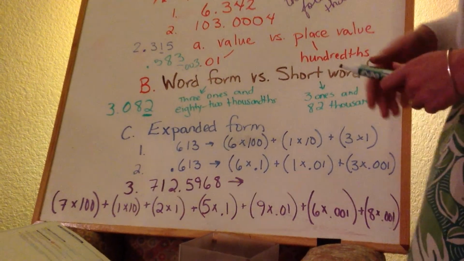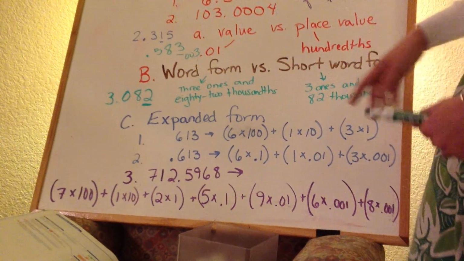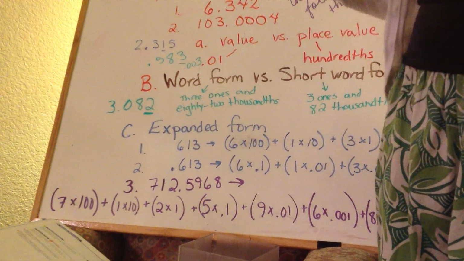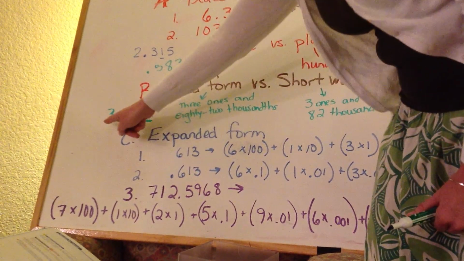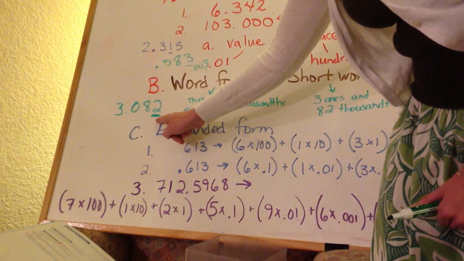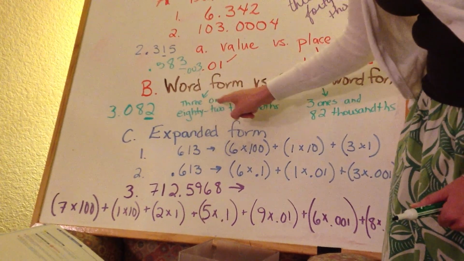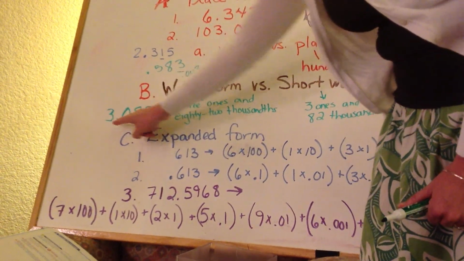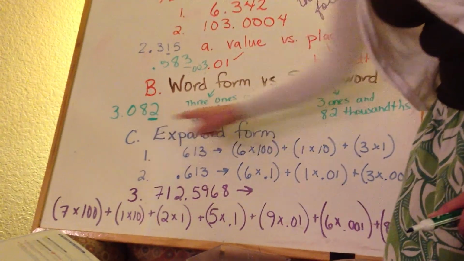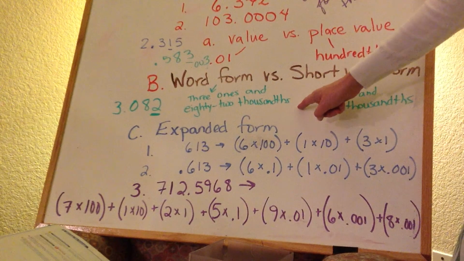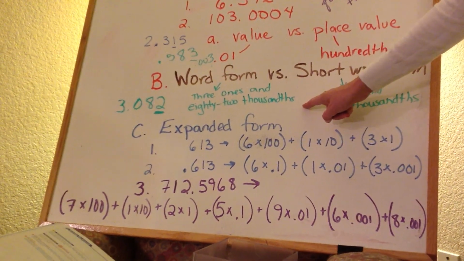And we've talked about this in class before. Word form means you have to write out every single digit in letters. So we have 3 and 82 thousandths. So it's 3 ones, because that's the place value right here. And then we do this one, 82, 1, 2, 3, thousandths. 3 and 82 thousandths.